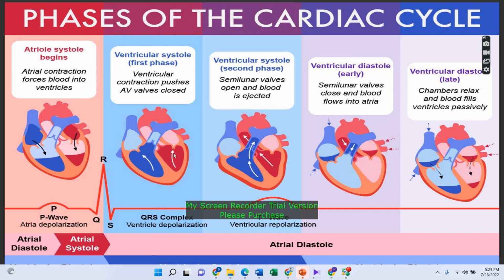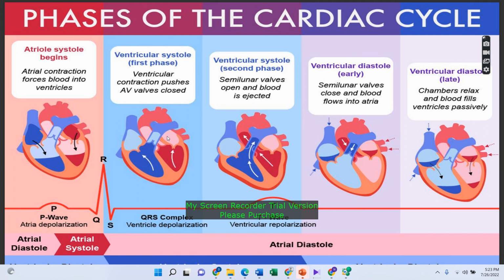So the ventricles keep contracting, and the AV valves, meaning atrioventricular valves, are closed in the first phase, right? Then semilunar valves open and blood is ejected.